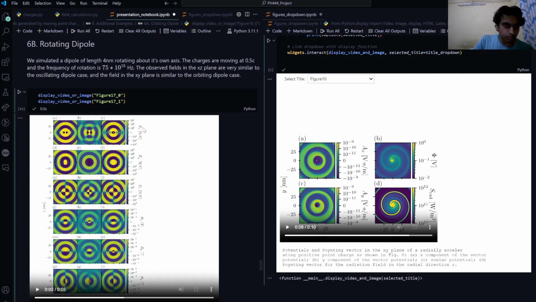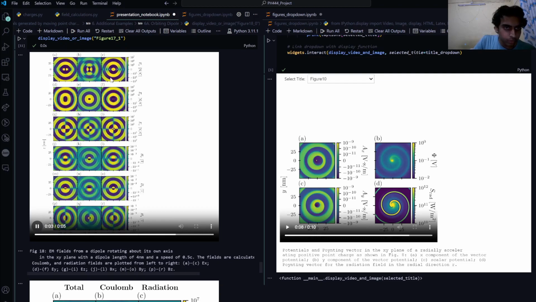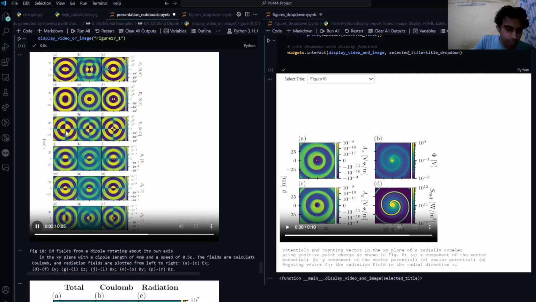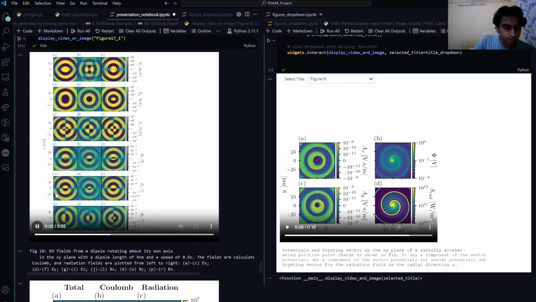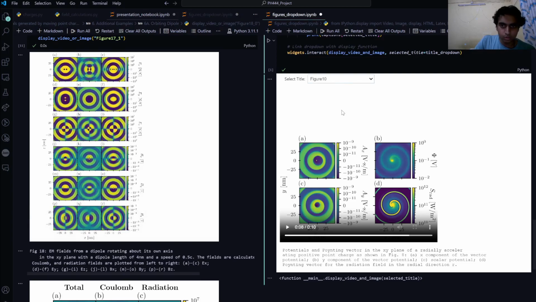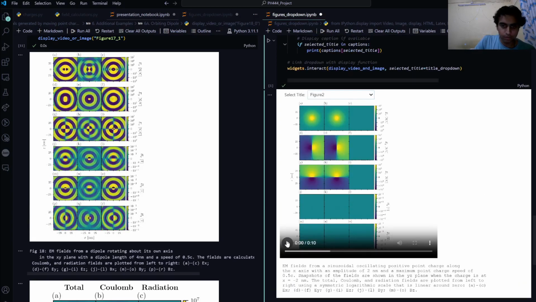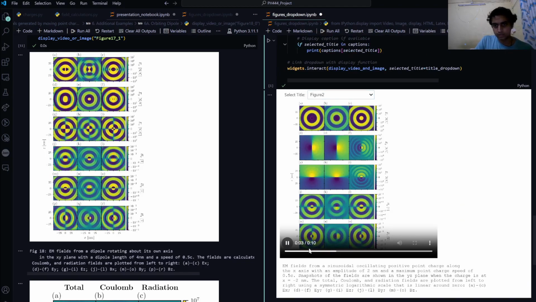Moving on, we see here the rotating dipole. Right. The rotating dipole has some interesting contours. Consider the EZ in the XZ plane. Right. We can compare this to the second figure, where you have a sinusoidal motion of the charge along the x-axis.